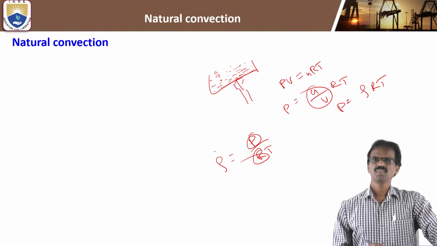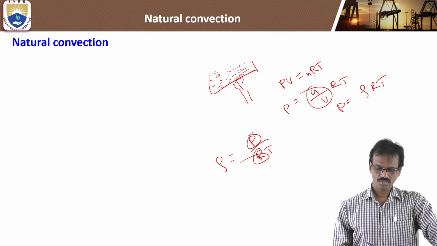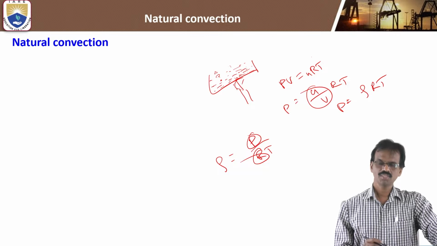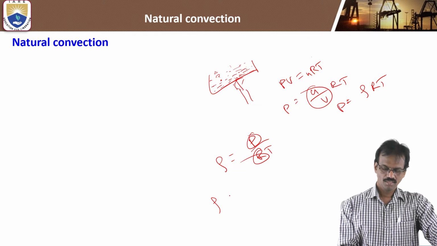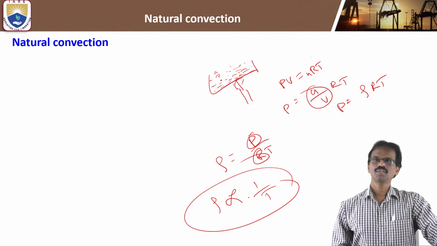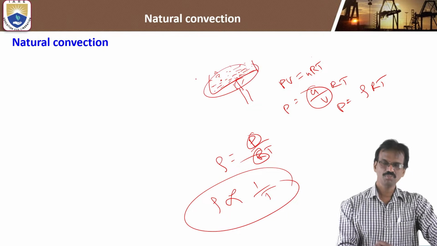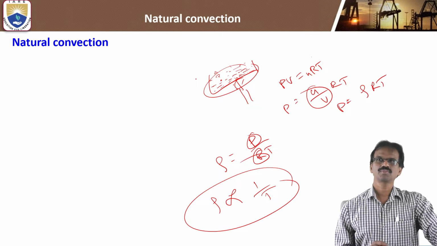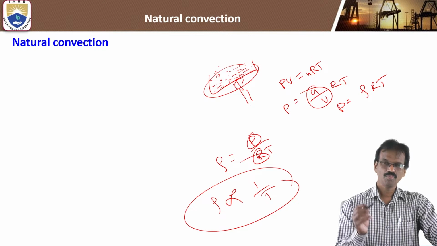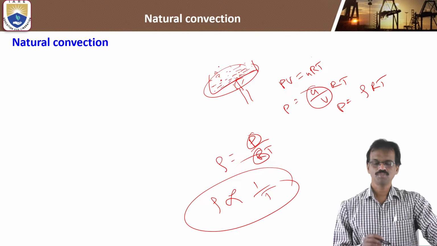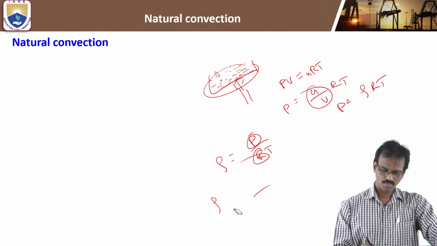If you consider pressure constant, then density is inversely proportional to temperature. If the temperature increases, density automatically decreases. Based upon this principle, the less dense particles move upward and the heavy particles move downward. This is the natural convection process.